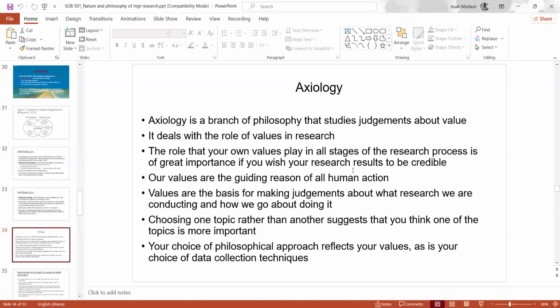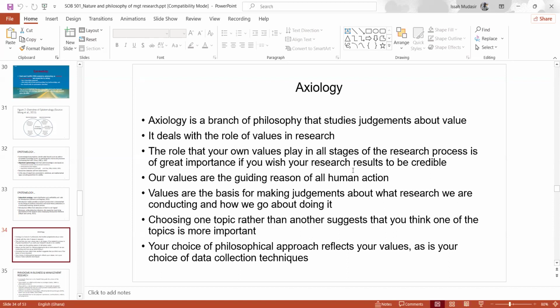And for that matter, we cannot separate the researcher from the research. So the researcher is both what? A researcher and a participant in the research process, because we can't take his views from the views of the respondents.